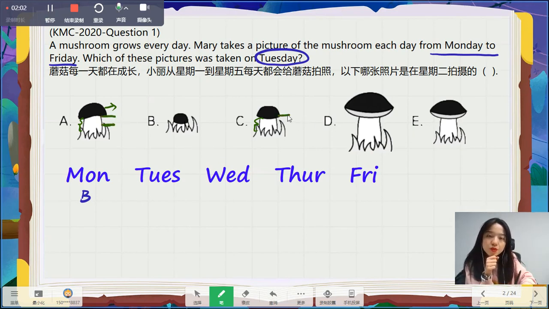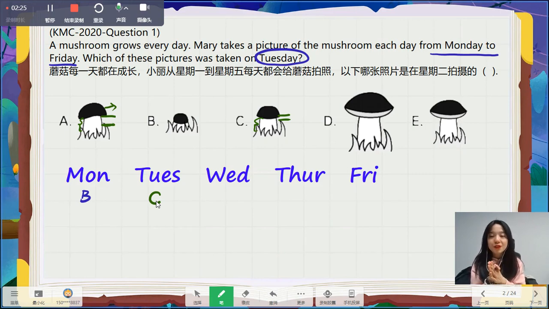You can see that more clearly. The distance between the cap and the grass is which one? Which one is wider? A or C? Also A. So our second smallest one should be C. That means the picture C must be taken on Tuesday.